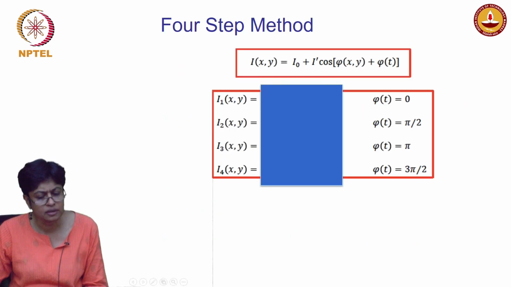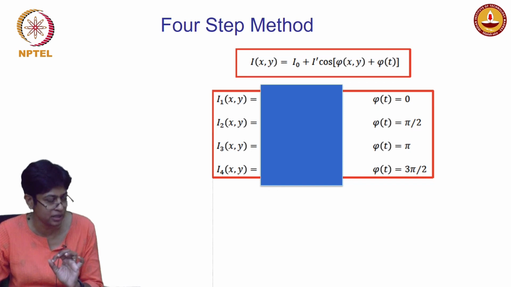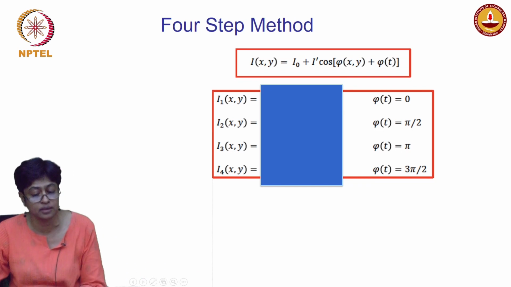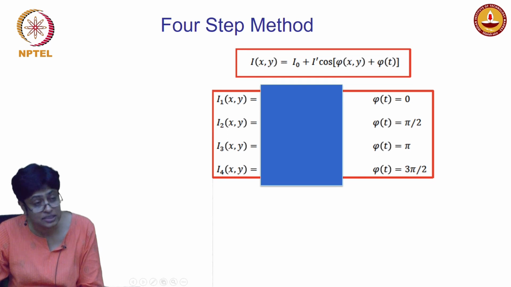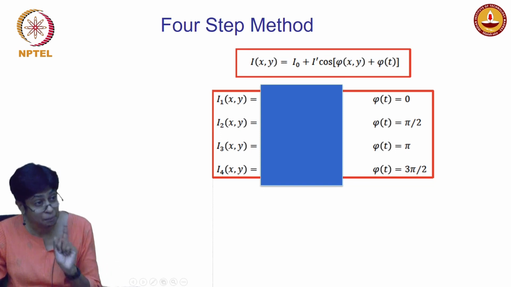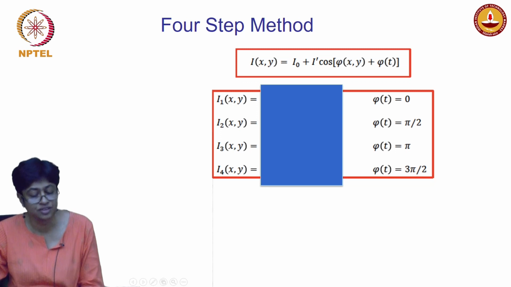My initial equation is this. Now, let's say we pick those known phase shifts not to be some random value, but some specific value, and let's say we use the values that I have listed over here. So, my initial expression is I naught plus I dash into cos psi of this, right? But now I am adding an extra psi, initially it is 0, so I have the original expression, then I add pi by 2, I add pi and I add 3 pi by 2.